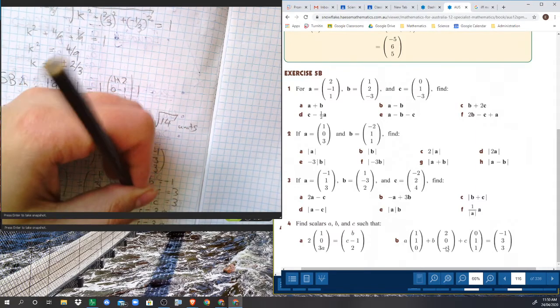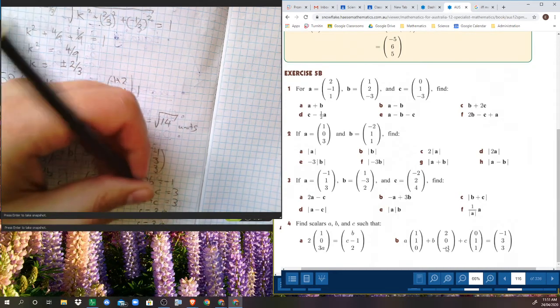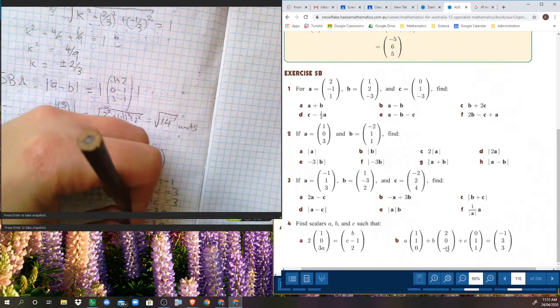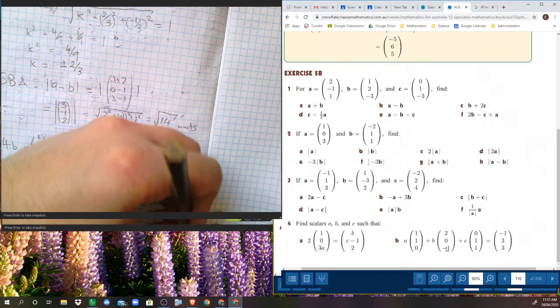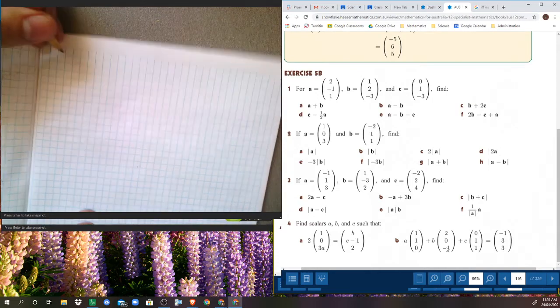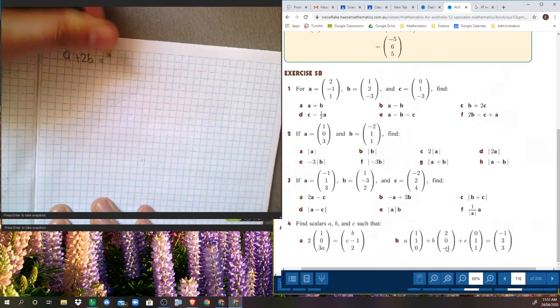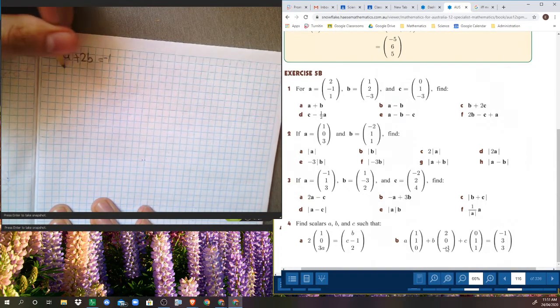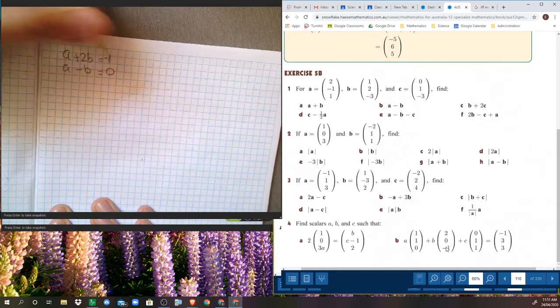So putting into here, and bring that across, that'll be A minus B equals 0. So we've got two equations in terms of A and B. A plus 2B equals minus 1, and A minus B equals 0.